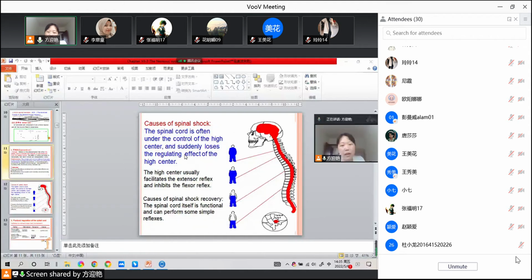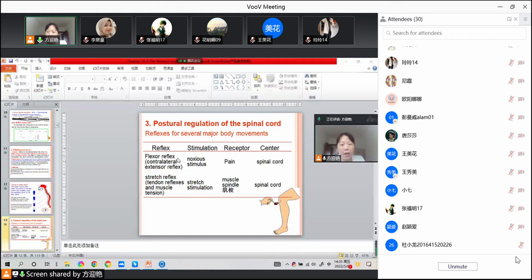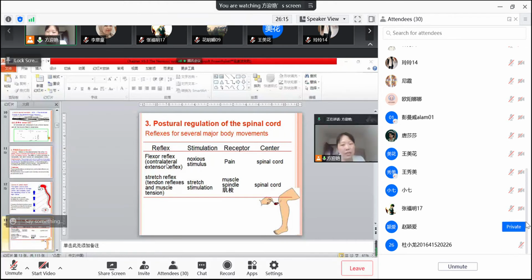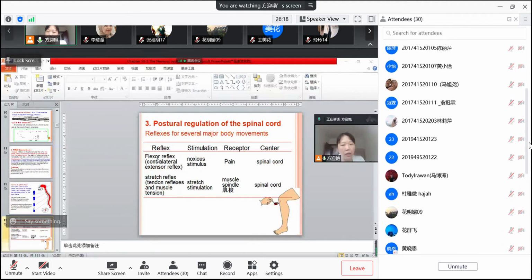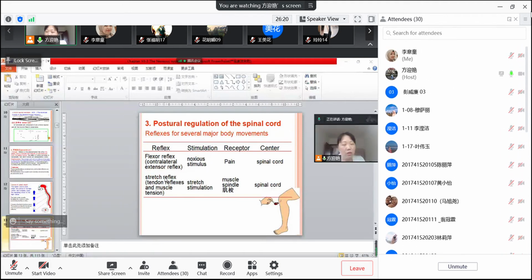So here is the cause of spinal shock. You also know that. Based on spinal shock animals, we can study the functions of the spinal cord. In the spinal cord we find mainly reflexes, including the flexor reflex and the stretch reflex.